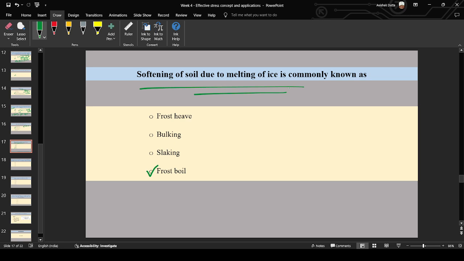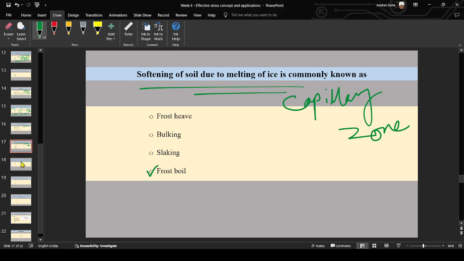At that time a certain amount of volume change can be observed due to the change in the development of the meniscus. So when the soil hardens due to freezing, it is called frost heave. Softening of soil due to melting of the ice in the capillary zone is called frost boil.